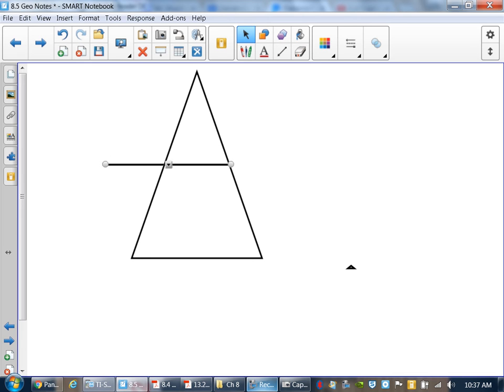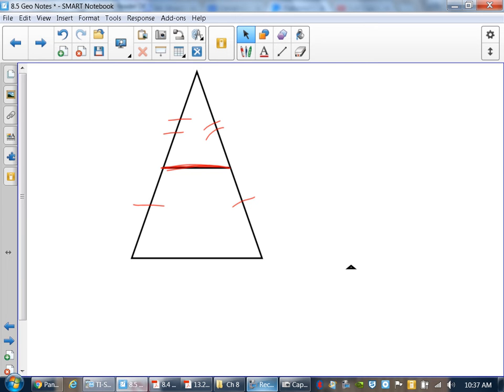Remember when we did something like this in a triangle? What was this segment called? Does it start with A? Mid segment, good.